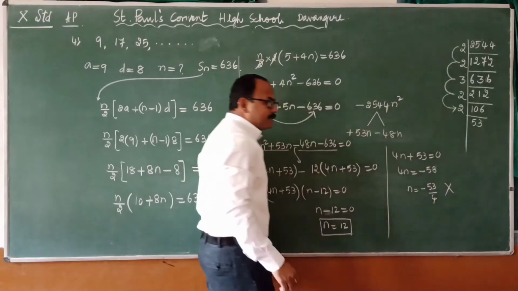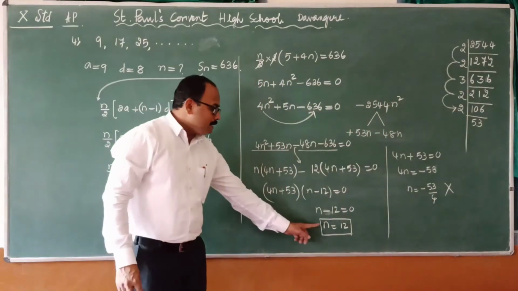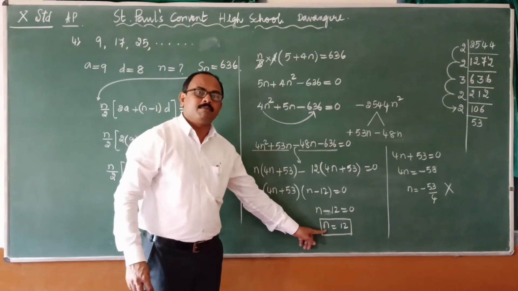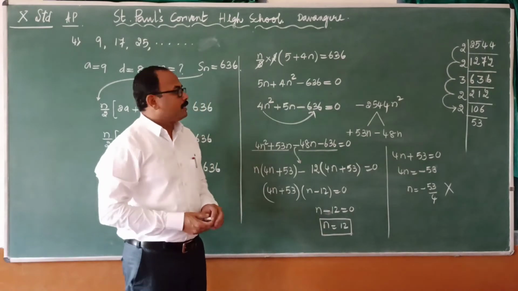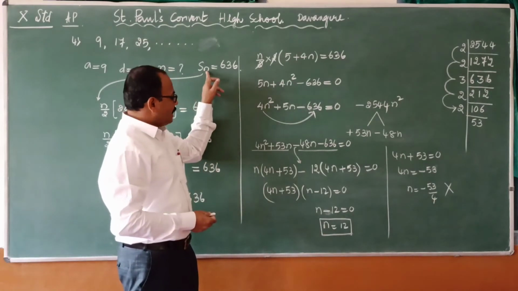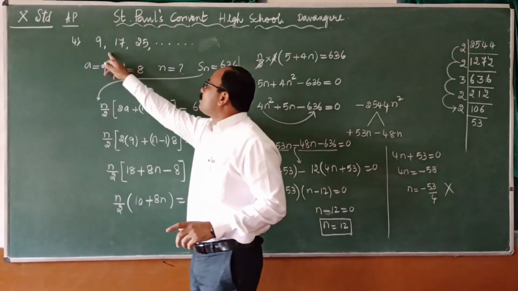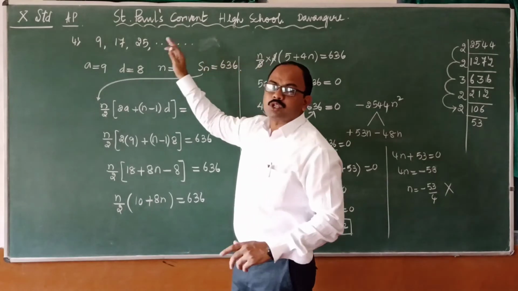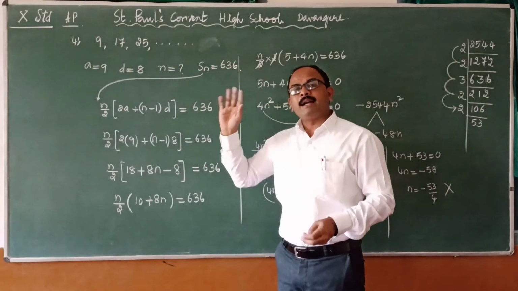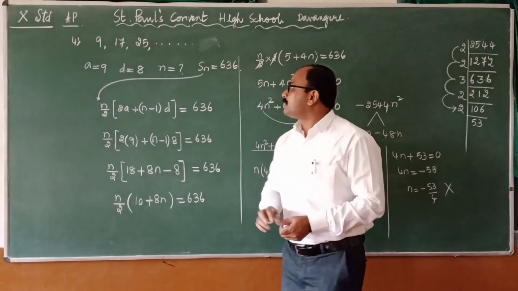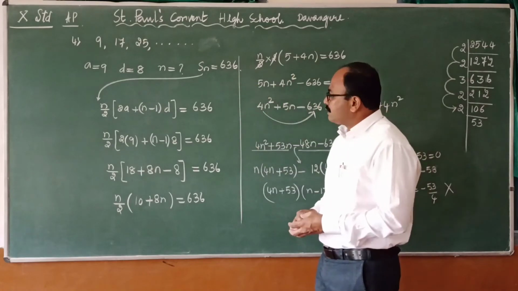We don't consider this one because n should be a positive integer, children. Therefore, the sum of 12 terms will be equal to 636. This is 1, 2, 3, 4. Likewise, 12 terms. If you add up, it will become 636, children.